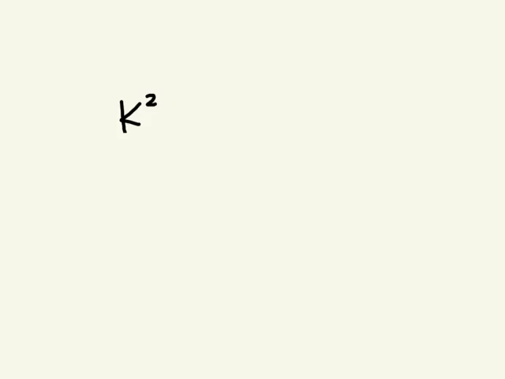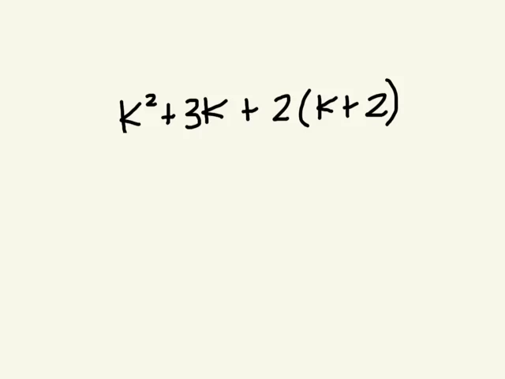So k squared plus 3k plus 2 times k plus 2. And I just rewrote that 2 times k plus 2, that was our 2k plus 4. I just rewrote that so that it looks divisible by 2. There we're showing it's divisible by 2.